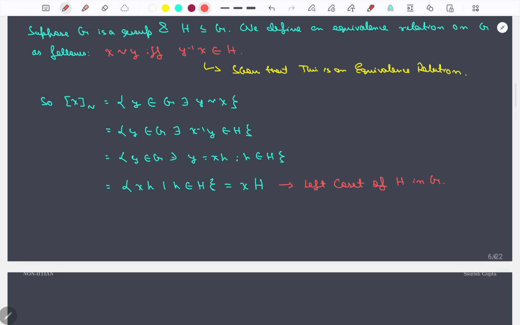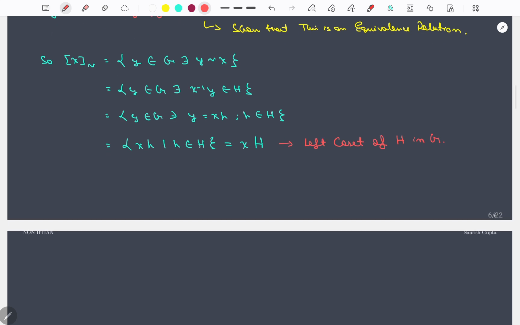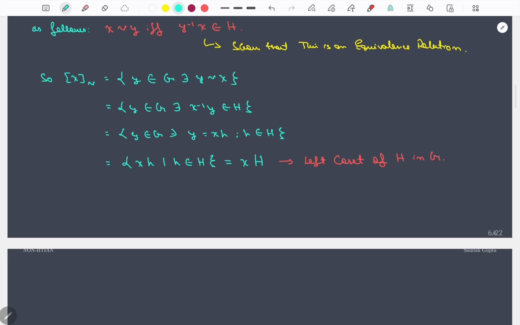On a similar note, if I revert this definition, we get what we call the right cosets, and that is also something you can do. So I'm just giving another exercise to show a similar construction to form sets of the form hx.